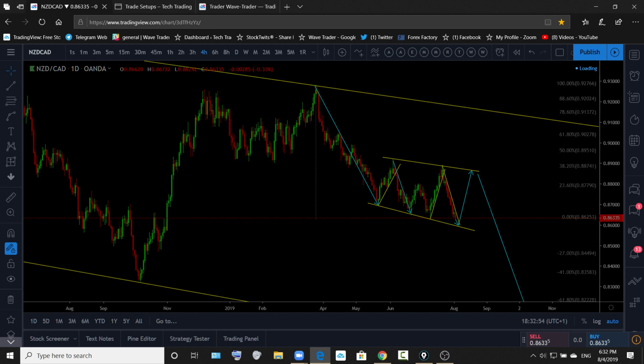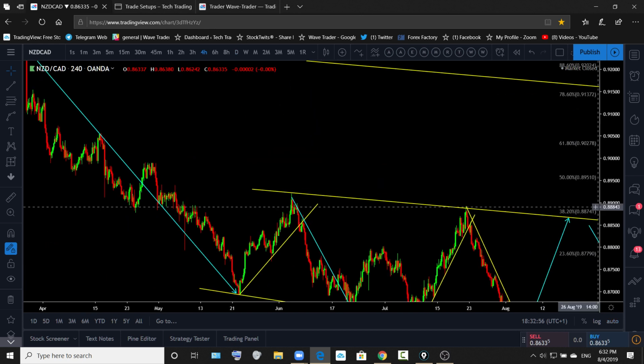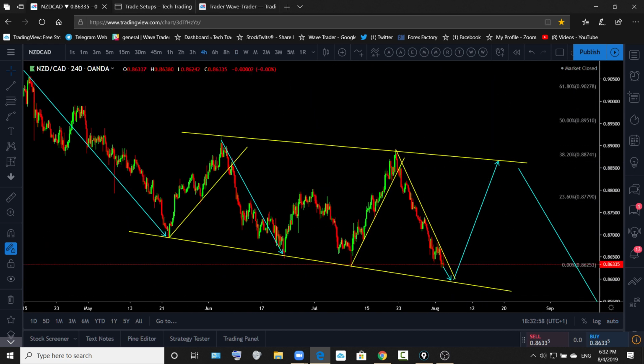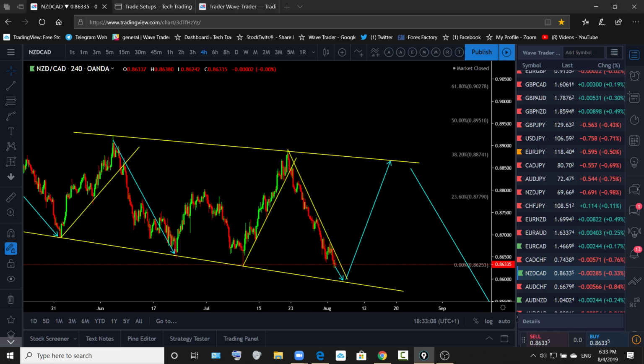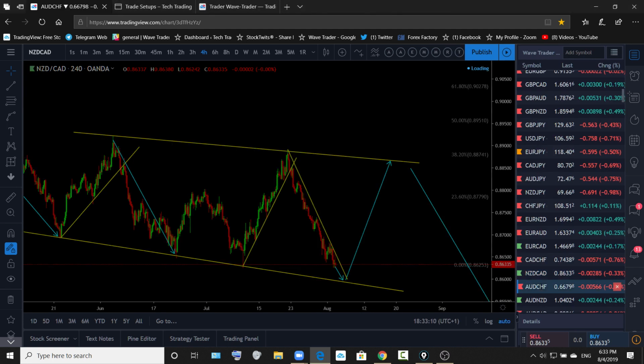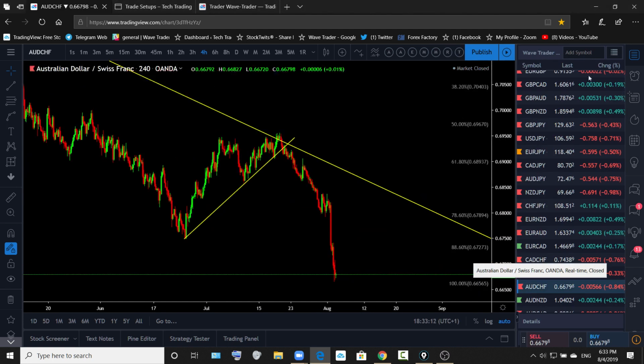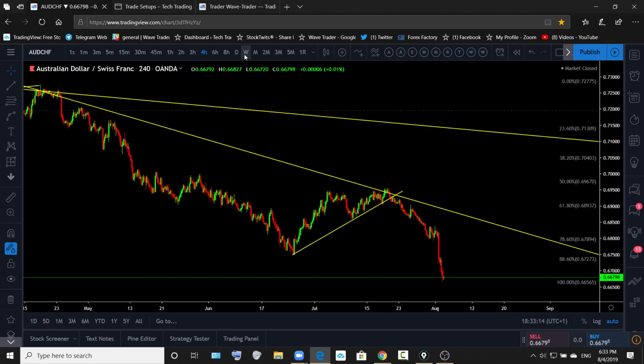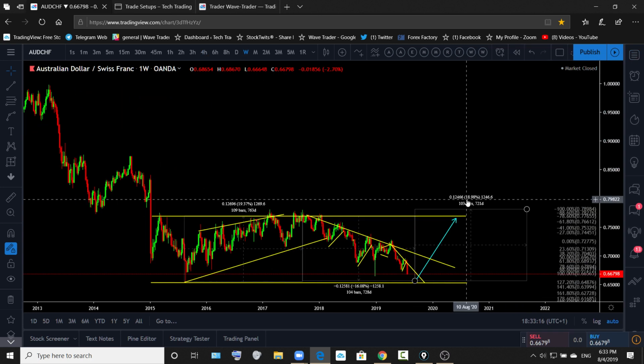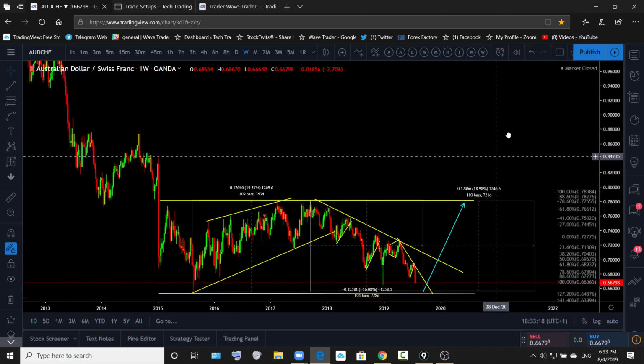So let's get down to the 4-hour time frame. Break up, correct, go back up, break up, correct, go back up. So there is an example on the lower time frame. You can find the example by going onto the lower time frame. USDCHF is very much the same as the USD dollar chart. Going down and about to hit the bottom.